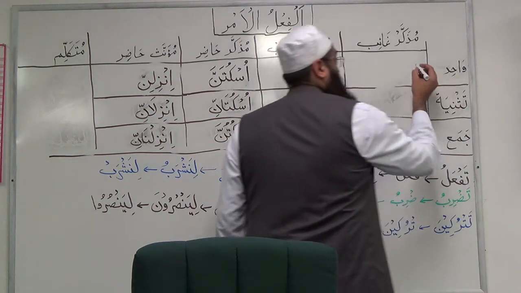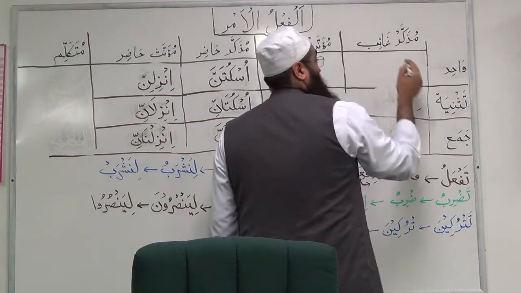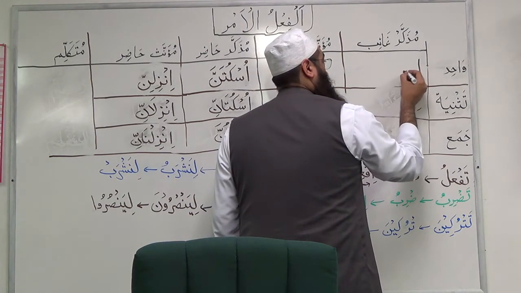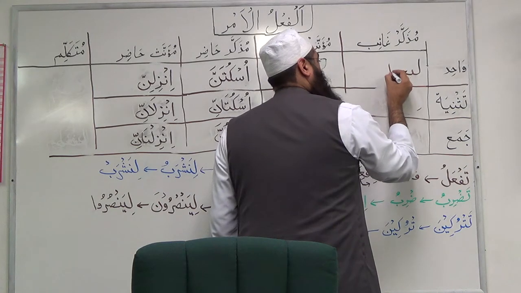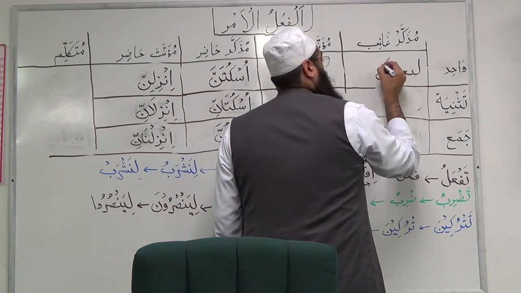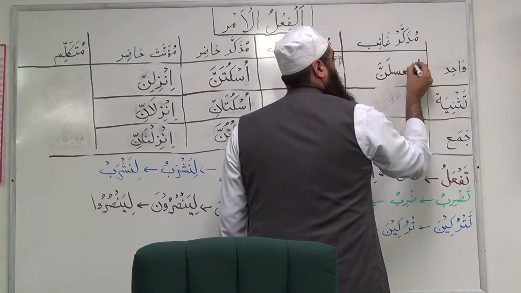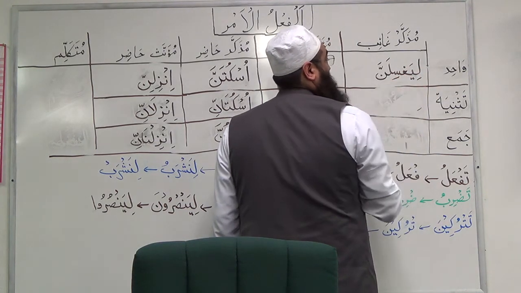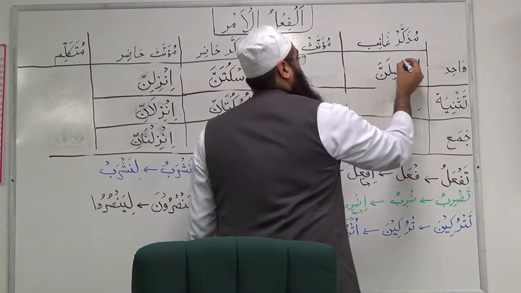So we're going to bring first of all the what of Amr? Lam of Amr. And then Yagh, and with the noon, right? Liyagh. And because ghasala yaghsilu, so it becomes a kasra. Liyaghsilanna.